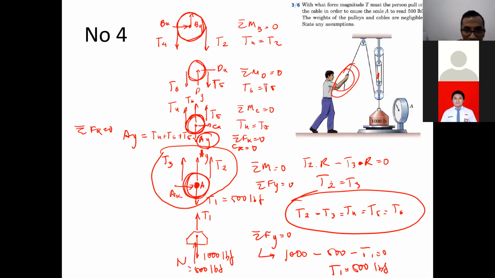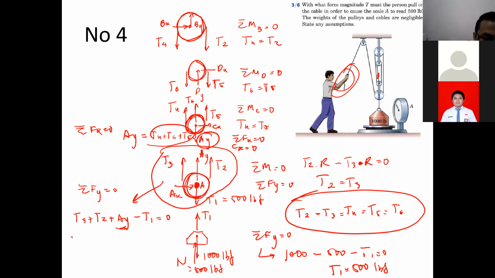Using sigma Fy here, what you will be getting is T3 plus T2 plus Ay equals T1, equal to 0, right? T1 is 500, but Ay is equal to this, and then we can slot it in.